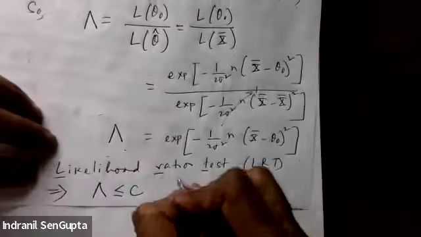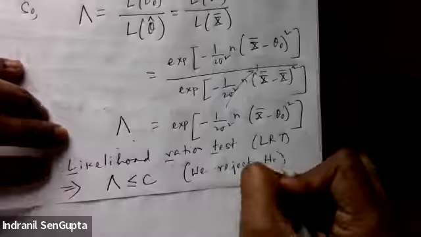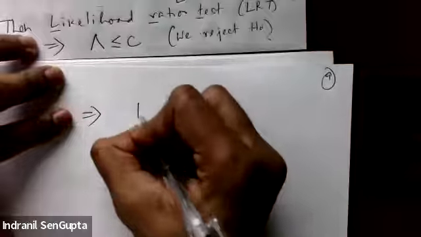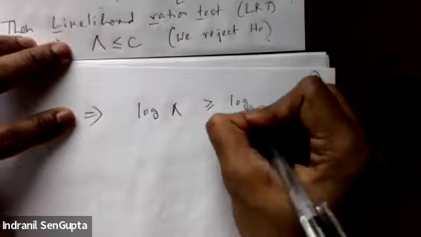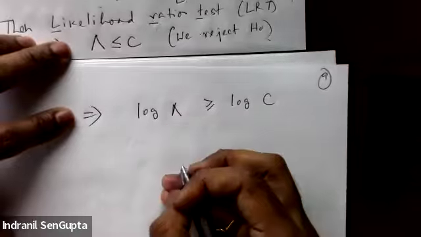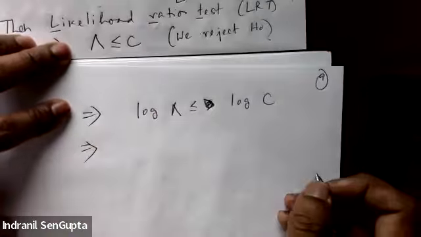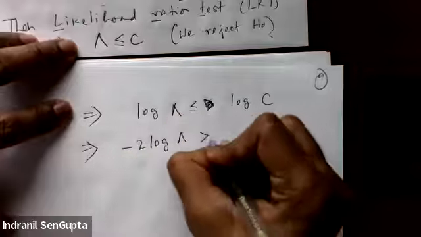We reject H0 intuitively, and therefore this really means that we reject H0 provided log of lambda is less than log of c, because log is an increasing function. And if I multiply this by minus 2, you'll see why.